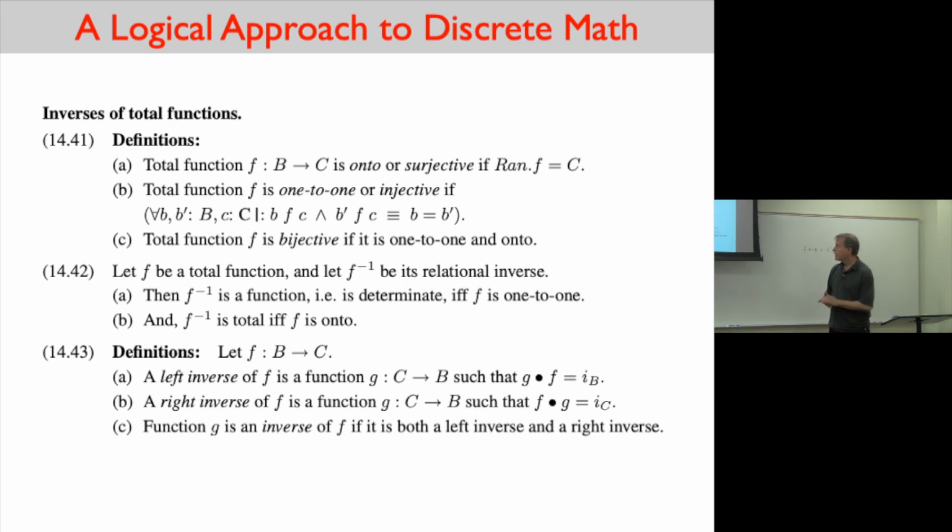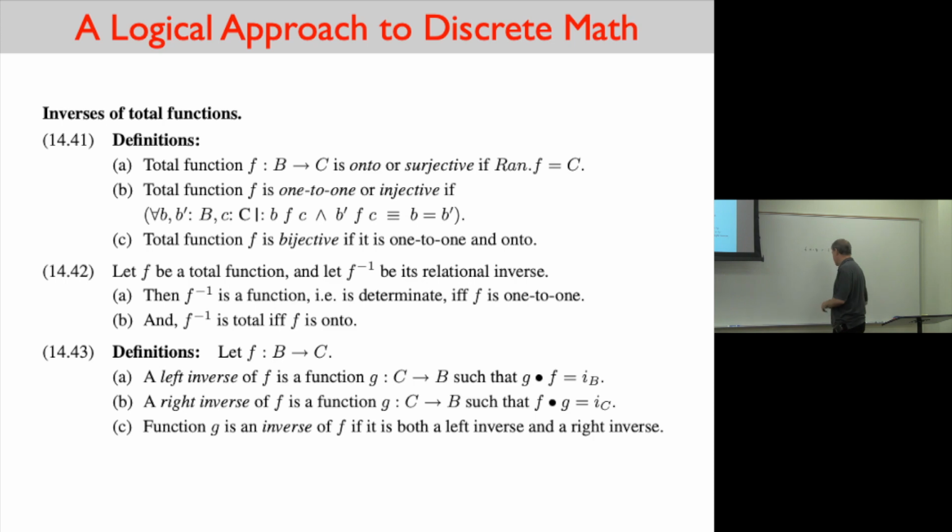So 14.41, these are the definitions that we've gone over before, onto and one-to-one. And 14.42 introduces the concept of an inverse. So let f be a total function. Okay, so total, all the ones in the domain are used. A total function, and let f minus 1 be its relational inverse. Now, do you remember what relational inverse means?